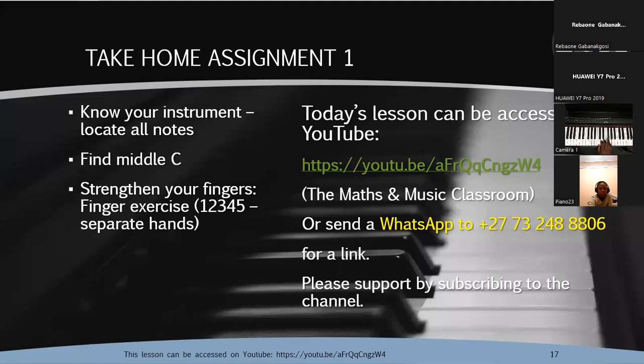Because that's where your finger exercise will start, and then the left hand will start on the G, just below the middle C. Do those exercises with separate hands. Don't try combine them. We are building a foundation. We don't want you to break. If anything, we want to encourage you and make this an easy, smooth journey as much as possible.